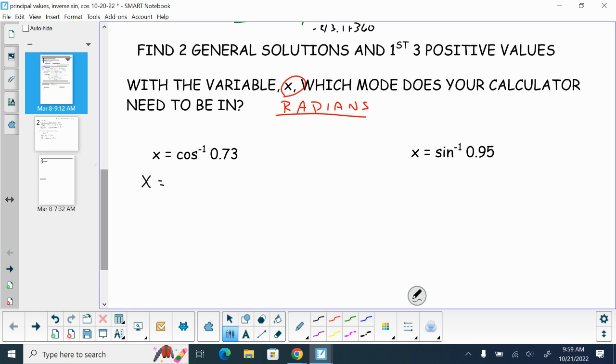What do you get? 0.75. Okay, we'll go with that, plus or minus the period n. Now, we've just changed to the idea of radians. Yesterday, we were in theta, we had plus or minus 360 n. Now we're dealing with radians.